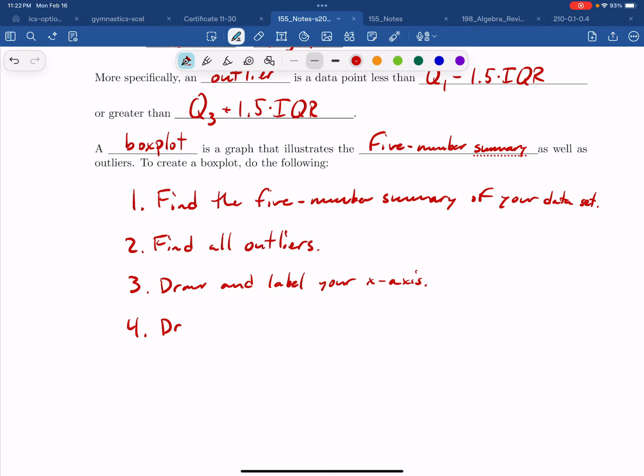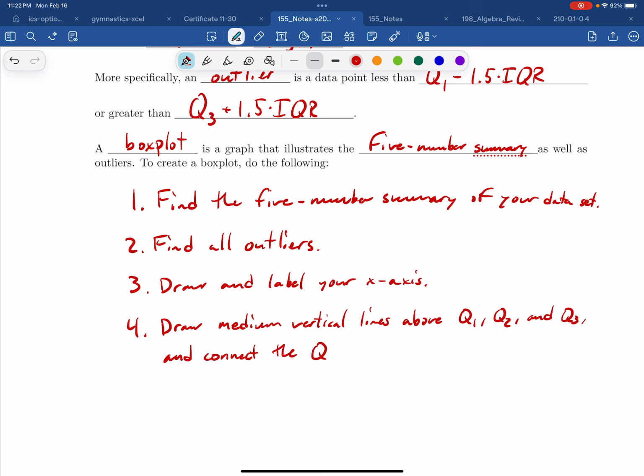So I'll say draw medium vertical lines above Q1, Q2, which is the median, and Q3. And connect the Q1 and Q3 lines to form a box containing the Q2 line.